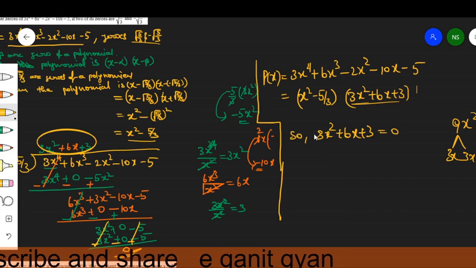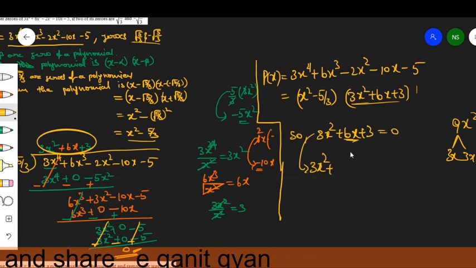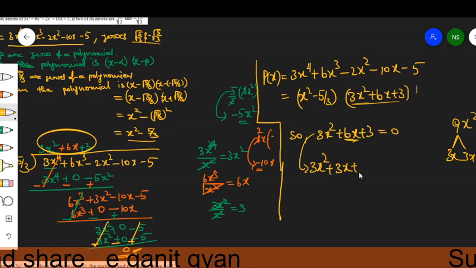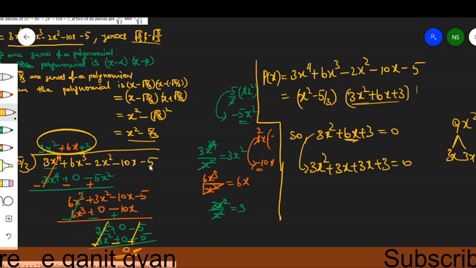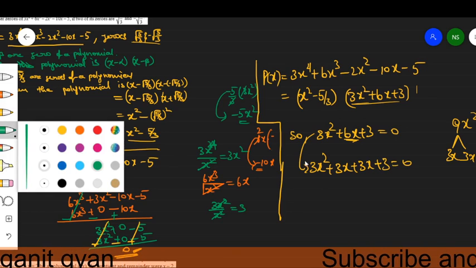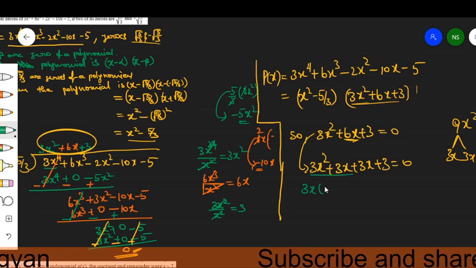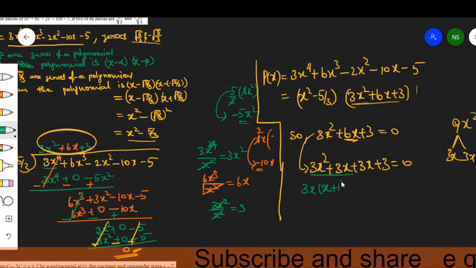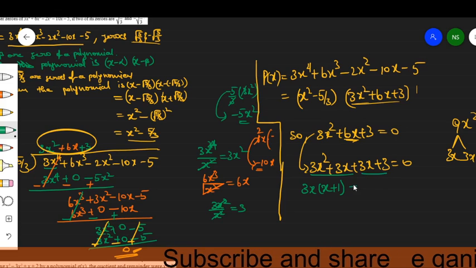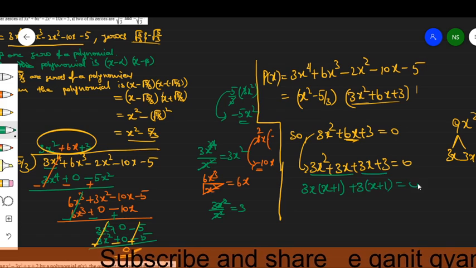So I will split the middle term: 3x² + 3x + 3x + 3 equals 0. From the first two terms, if I take out 3x common, I will be left with x + 1. From the last two terms, if I take out 3 common, I will be left with x + 1 again, which equals 0.